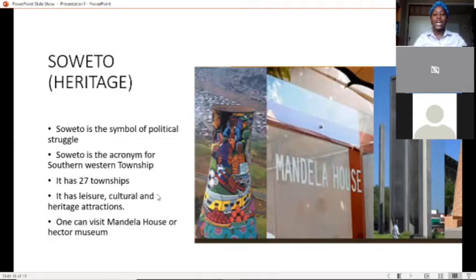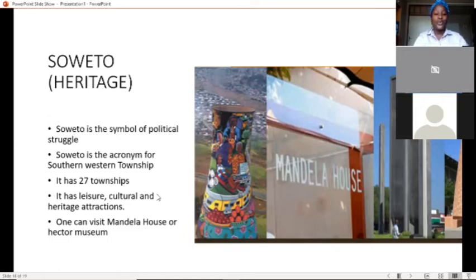Like you get your towns, Zola, Sophiatown, like everything, it is in Soweto. And you know the history of Sophiatown and apartheid, people being moved there. And Soweto has so many languages because it accommodates everyone. There was a township for coloreds, blacks, whites, Indians. So Soweto is just a mixture of everything, right?